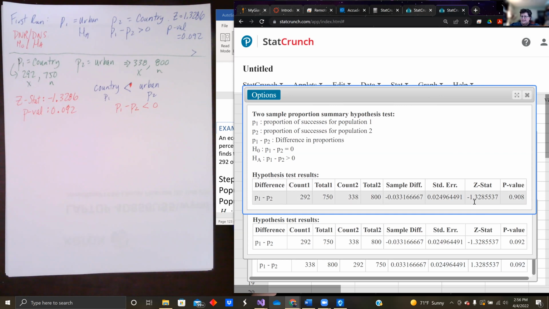The z-stat stayed the same. The p-value is a lot different.